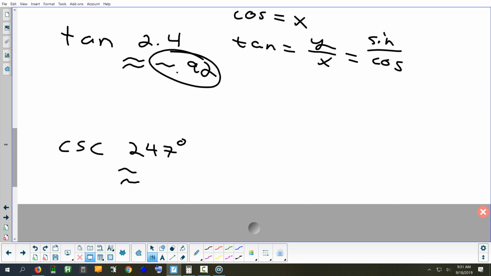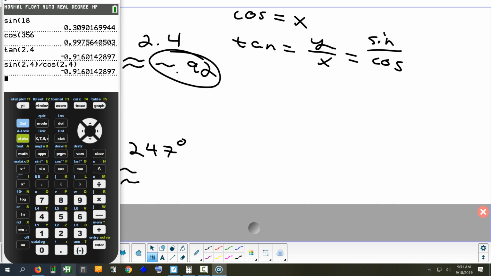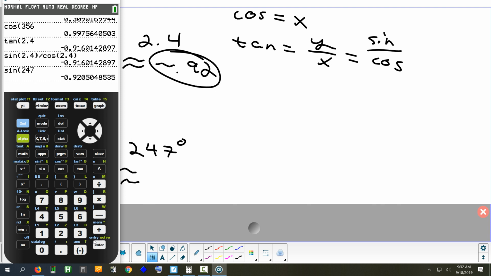Find the sine of 247 and flip it. So you can do it like this. Find the sine, and now take that number and flip it. 1 divided by negative 0.9205. That's good enough. So I flipped it.